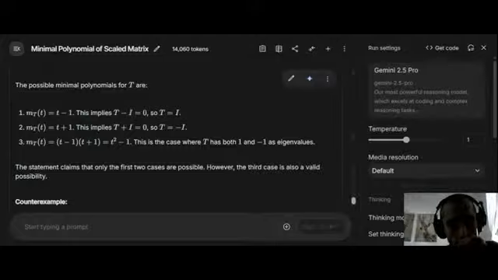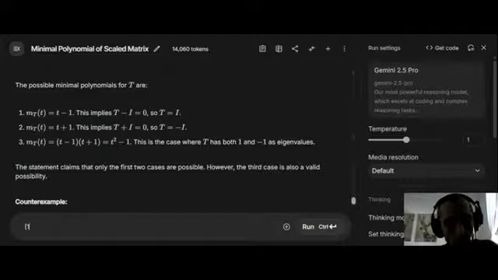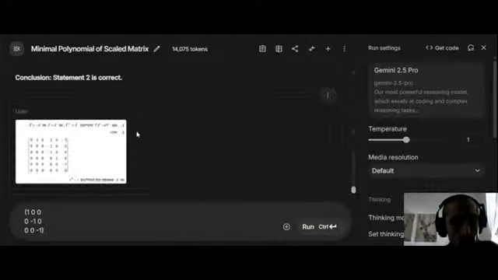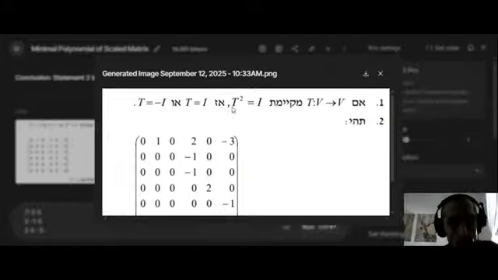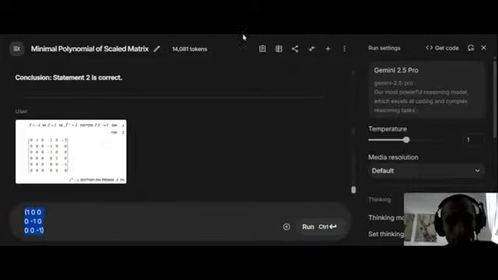Oh, nice. Of course, I can take a matrix like 1, 0, 0, 0, minus 1, 0, and 0, 0, minus 1. And by that, I will still get T squared equals I. Let's make sure. Take it to the power of 2.